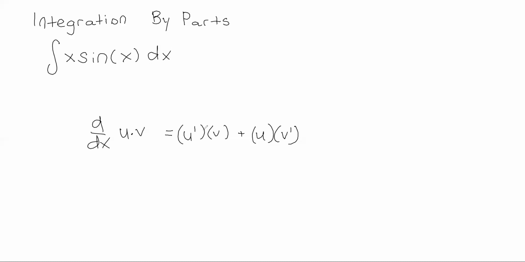So let's somehow connect this to the concept of the product rule for derivatives. What we actually have is this step already. We want to think of this as u times v prime, and then we're going to subtract this quantity from both sides, u prime times v.